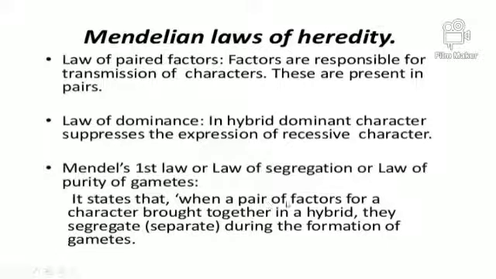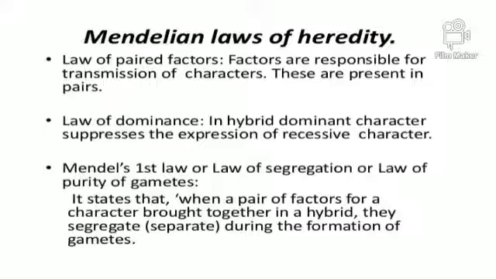For example, capital T for the tall is a pair of factors for the tall. When we write down the gametes, we write them in a separate way.